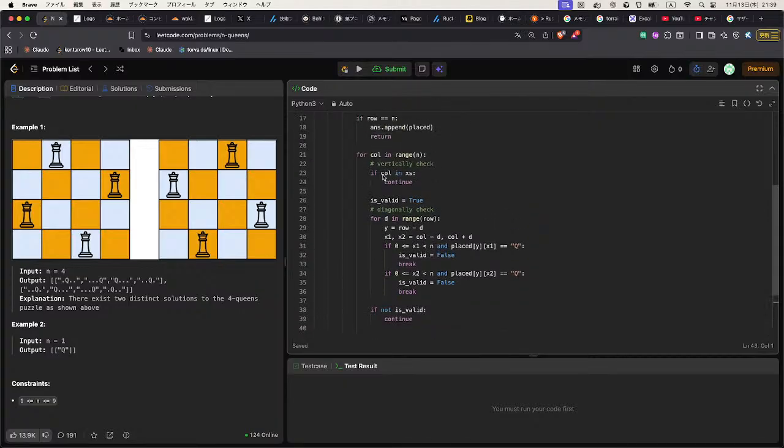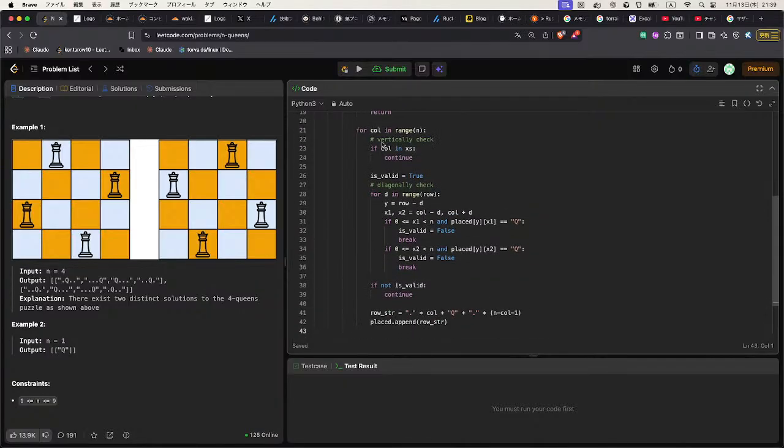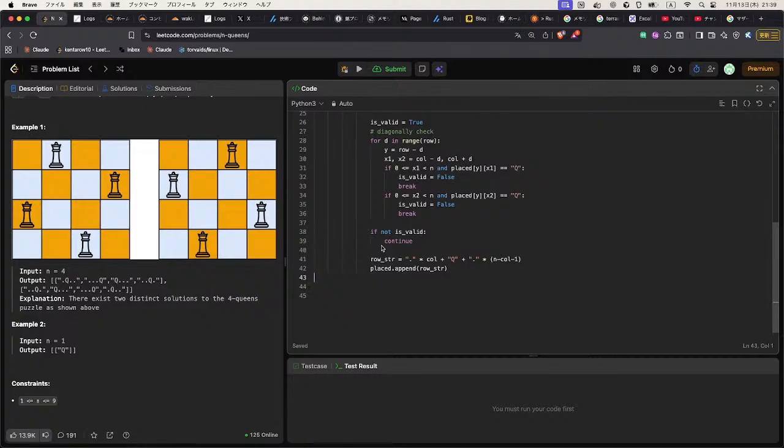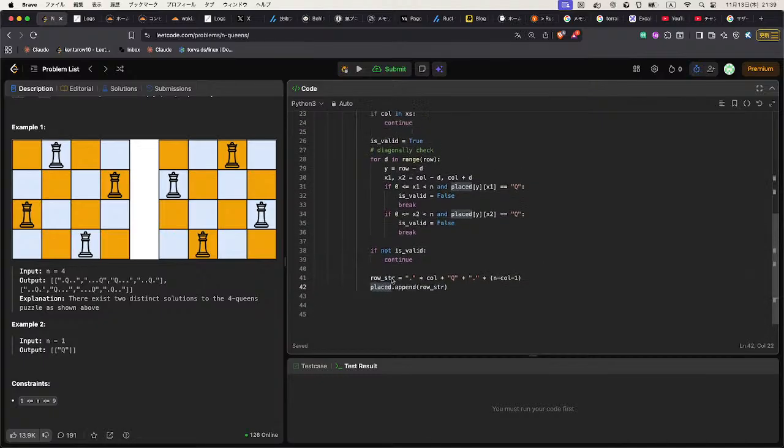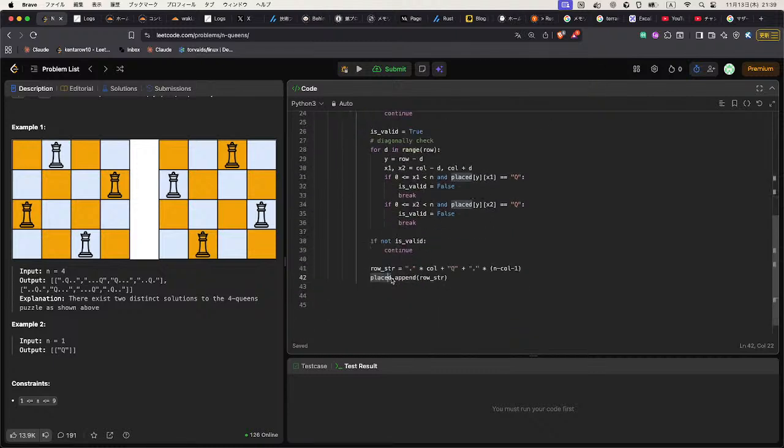And vertically check, if they are passed, we construct the new row, new strings of row, okay, like this, and place it, right.